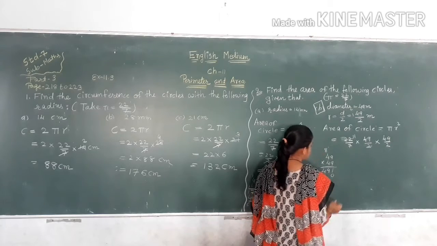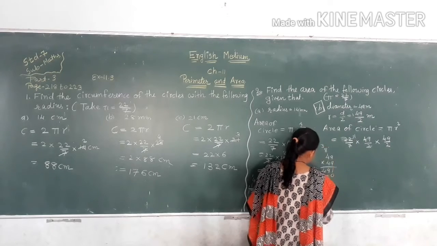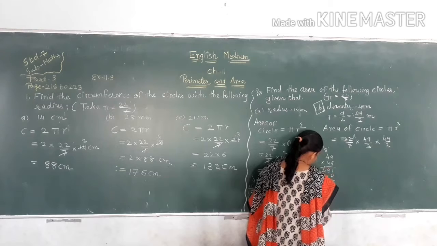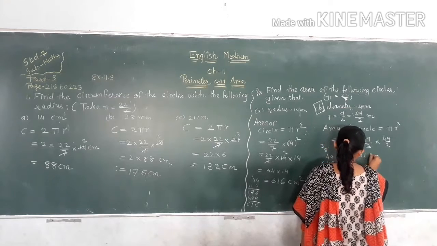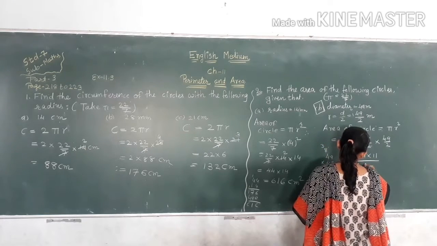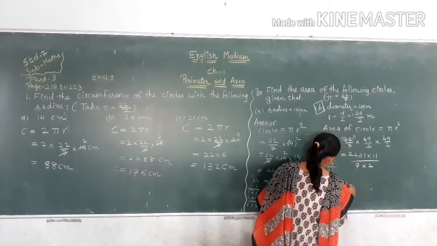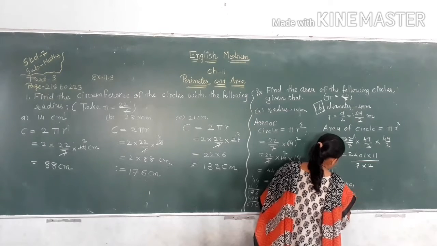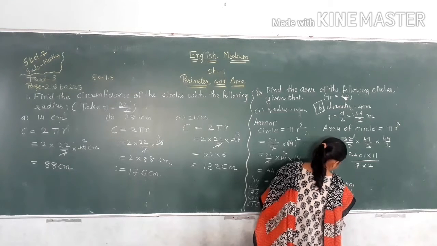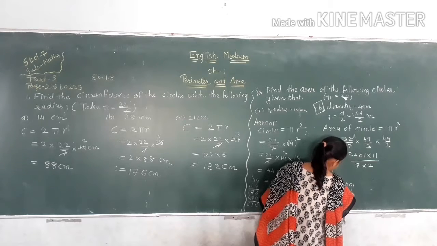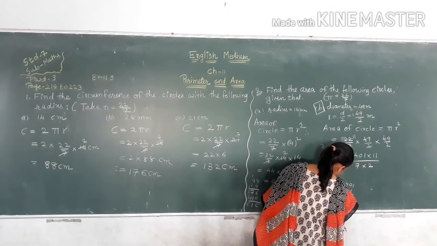Here 0. 4 nines are 36, carry forward 3. 4 fours are 16, plus 3 is 19. So we get 2401. Now 2401 multiplied by 11. 1 one is 1, and so on. We get 26411.